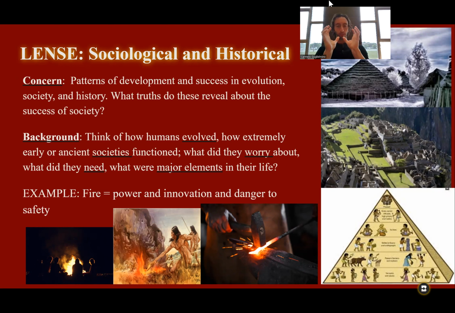If we're looking at the symbol of fire, as we saw last time, there's a ton of different meanings, way more than we even talked about in that video. But what the sociological and historical lens will do, and what all the other lenses will do, is look at all those meanings and say, wait a minute, which of those meanings carries relevance to what we see in history and in society? That's a lens, essentially. It's interpreting the subject through what other connections we can make to it.